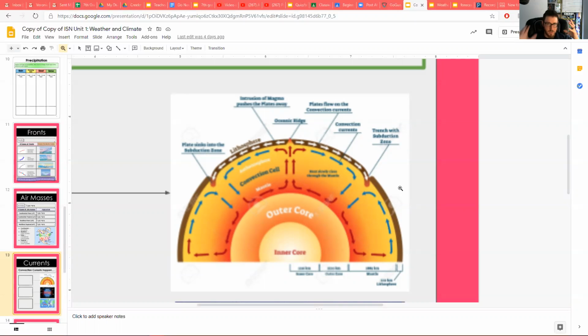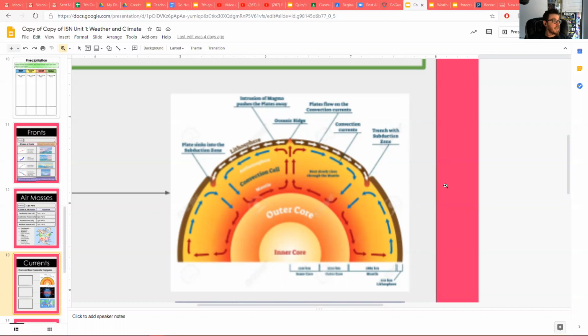So convection currents. We've talked about these before. Very simple, very easy thing to discuss, because you've heard about them forever. We talked about them in probably 5th grade, 6th grade, and a little bit earlier in the year.